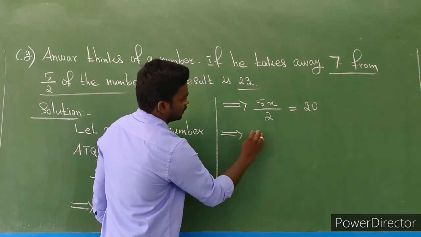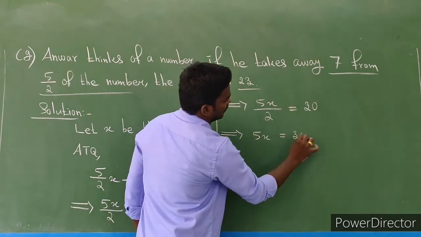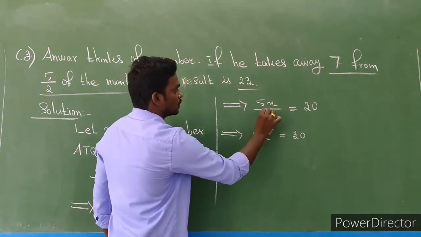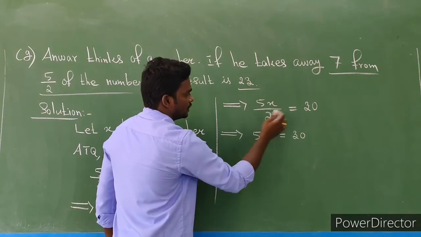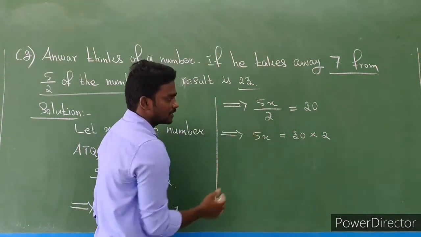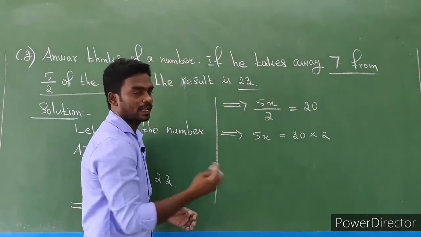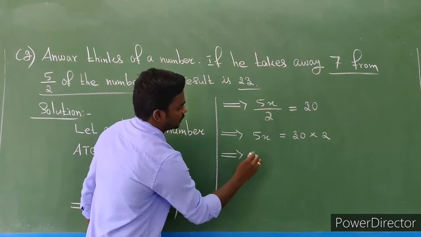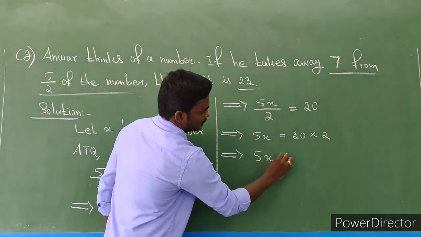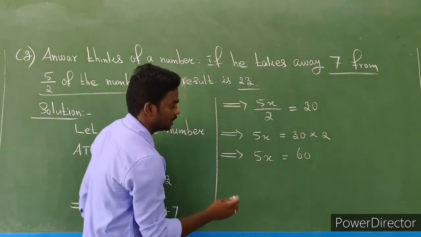Keep the value 5x on the left side, which is equal to the value 30 on the right side. So this 2 is division on the left side, which transposes to multiplication on the right side. Implies that 5x equals 30 into 2, which is 60.